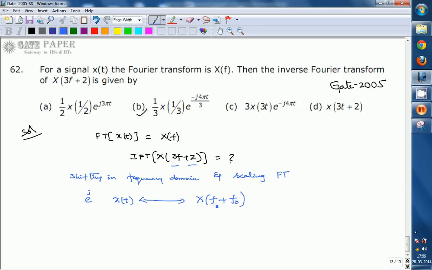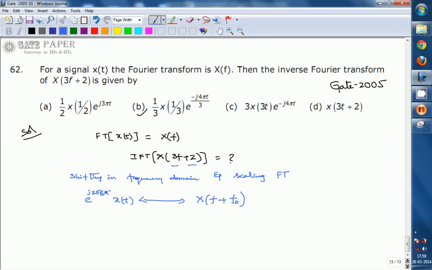If it is in omega, X of omega plus omega naught gives e power j omega naught t. Here it is in terms of f, that is in normal frequencies, so we will get e power j 2 pi f naught t. That is the frequency shifting property of the Fourier transforms.